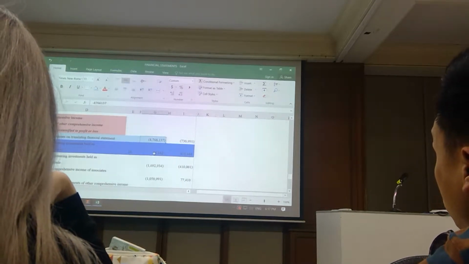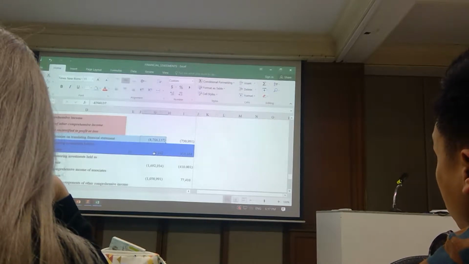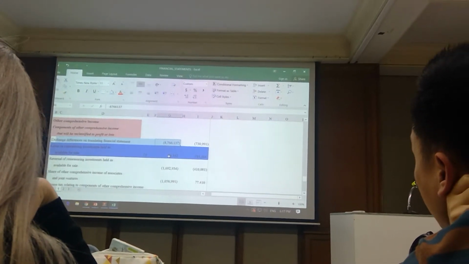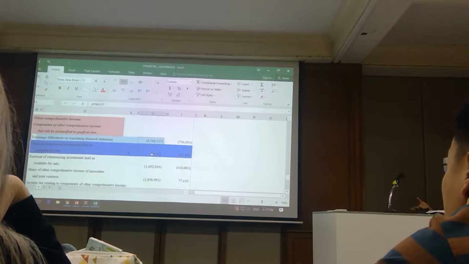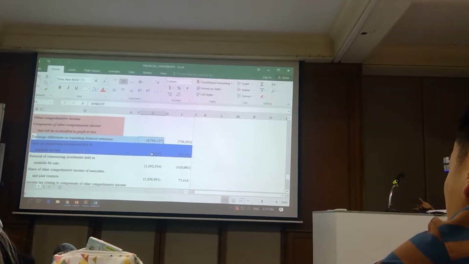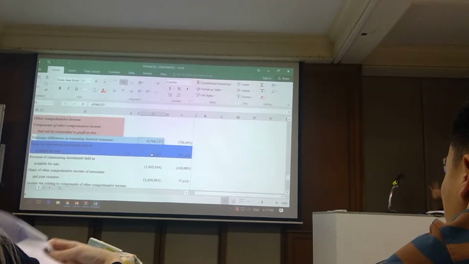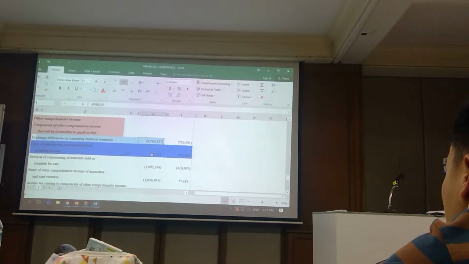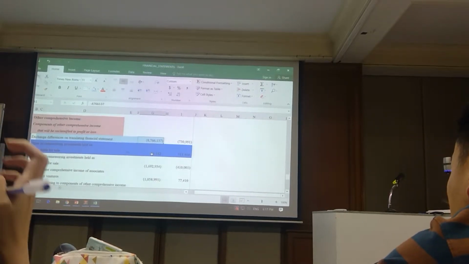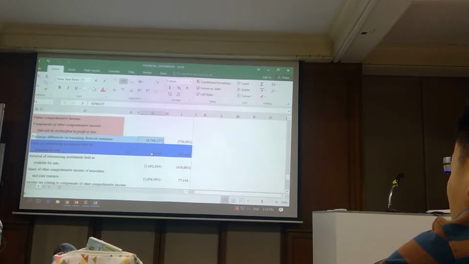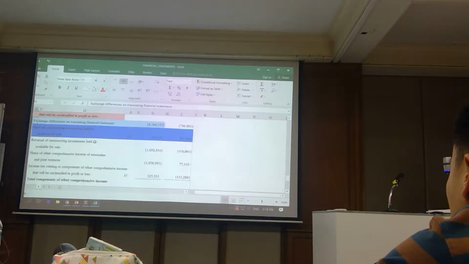That's why when you want to do a consolidated financial statement, you need to translate the financial statements. Let's say they have a company in Vietnam, the currency is dong. You need to convert from dong into Thai baht and then do consolidation. That's why we get gain or loss from translation, and of course, it's not going to be reflected in the income statement. It will be reflected in the OCI part. This is what you're going to learn today for accounting standard 21.